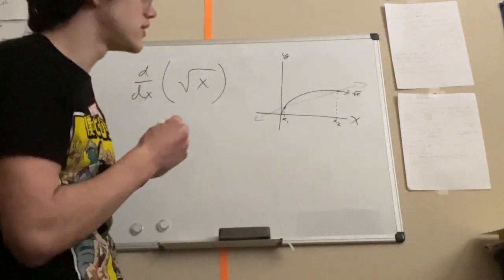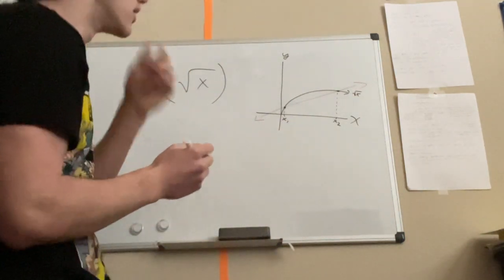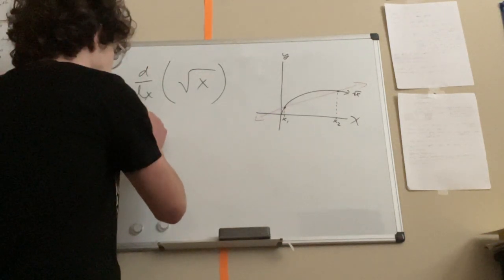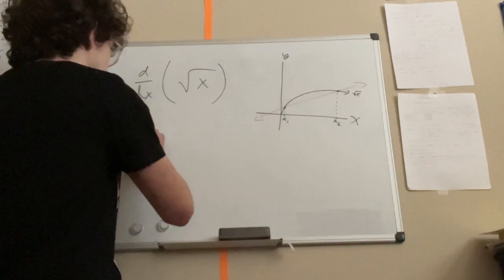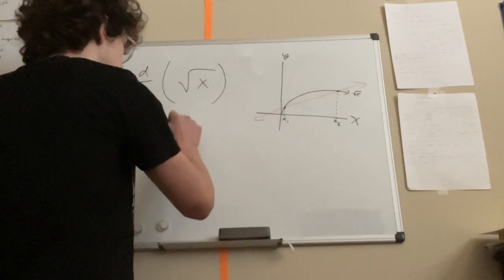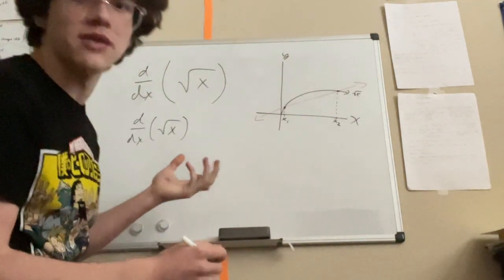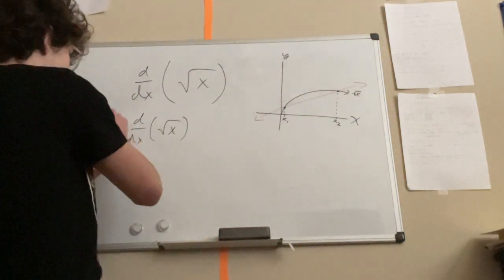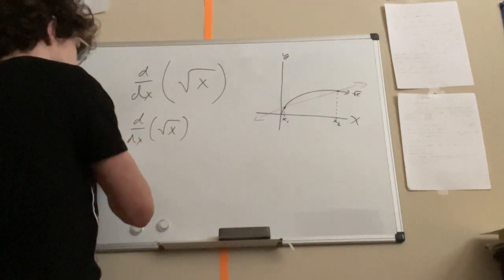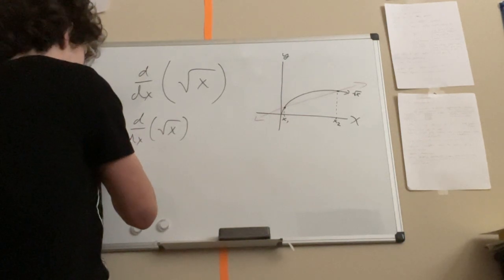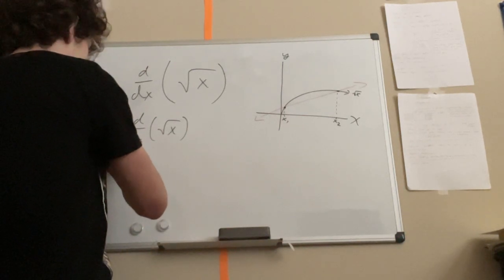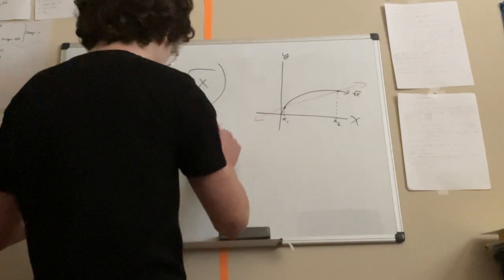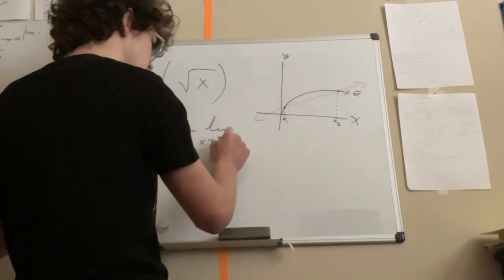So the way we find this is take the derivative of x squared, whatever the function may be. We're just using x squared as an example. But then we take the limit as x approaches x2 minus the limit as x approaches x1.